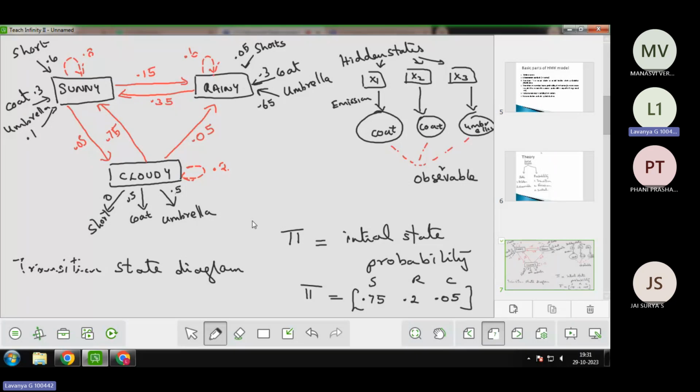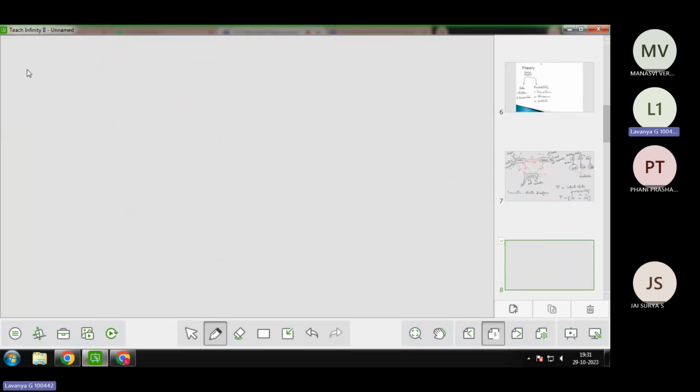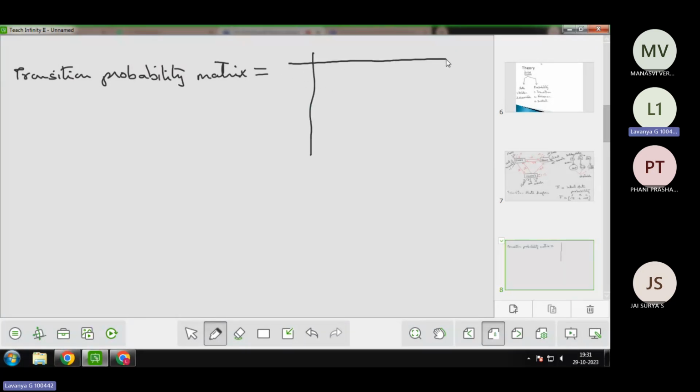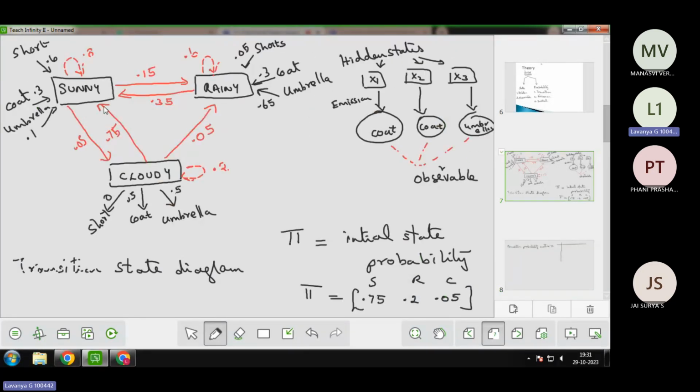Now with this diagram on hand, we are going to draw our transition probability matrix. This only yesterday ma'am had illustrated while doing your Markov chain. So when you draw your transition probability, what do you have?